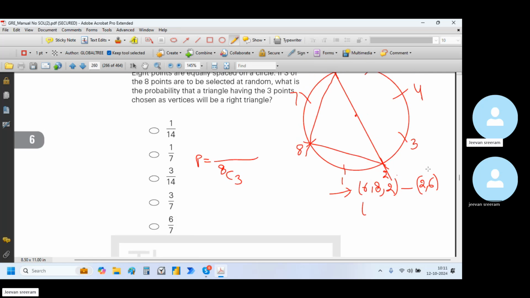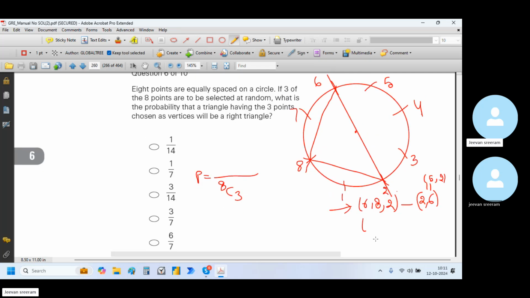In combination, 2, 6 and 6, 2 are both the same. Both are absolutely the same in combination. So these are all selections, right? If you pick 2 and 6, and if you pick 6 and 2, both are the same. So one diameter you form 2, 6.